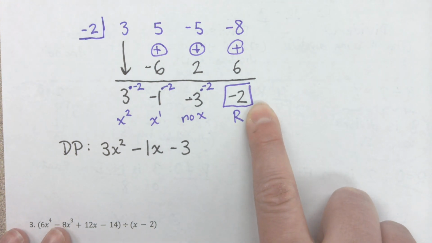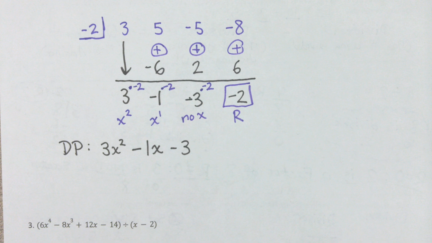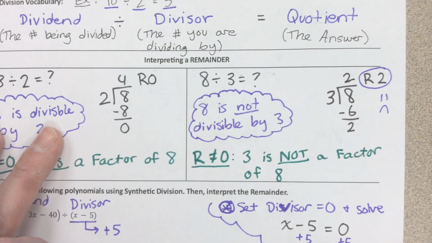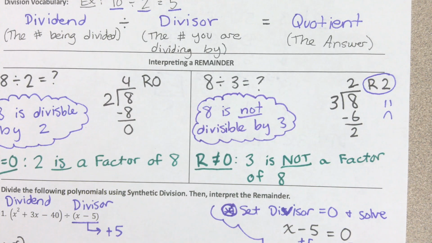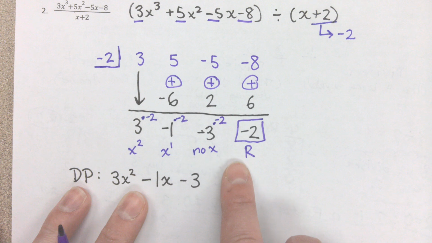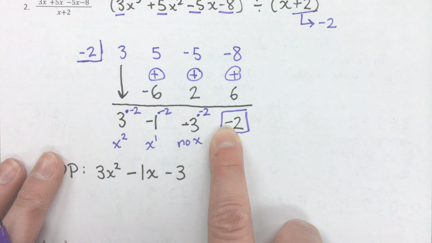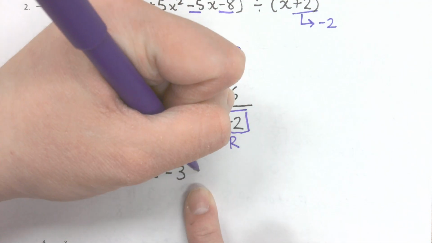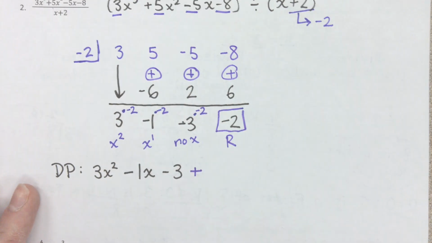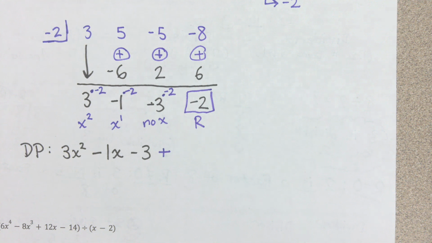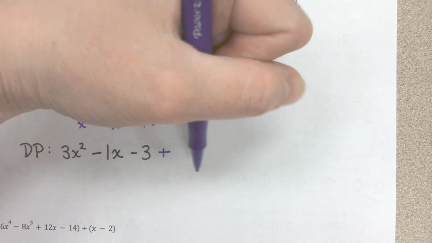When you have a remainder, you do have to put that in your answer, just like we did on the front with the simpler problems. However, we are not just going to write r negative 2 at the end. There is another way to write remainders, and it's as a fraction. So that's the way we're expecting you to write it in this unit. I don't care if this is positive or negative. You're going to put a plus first. Plus, and then the negative will be part of the fraction.